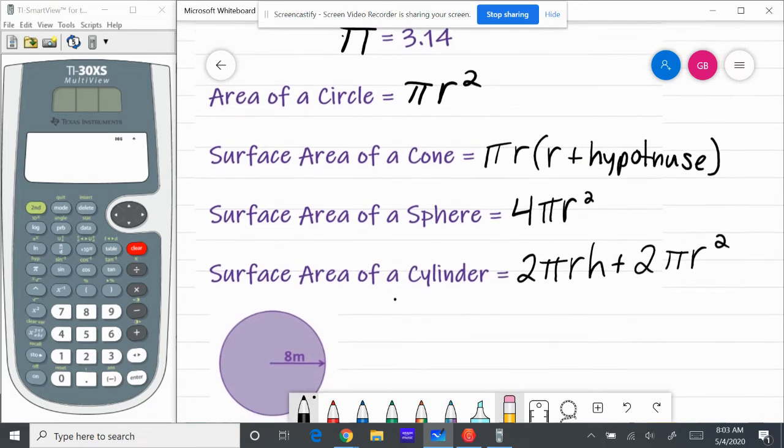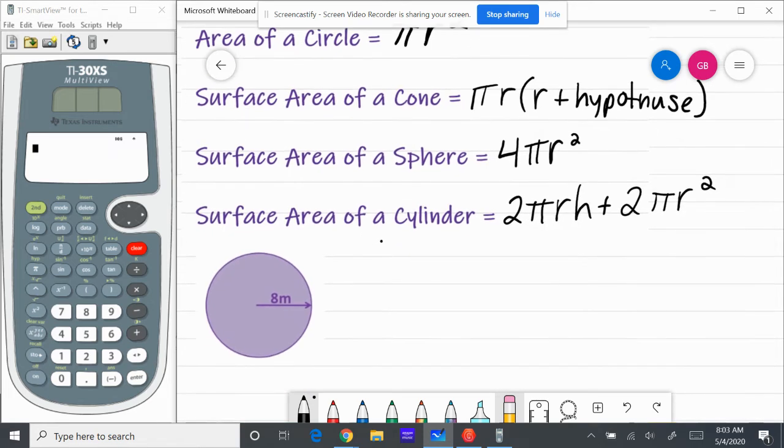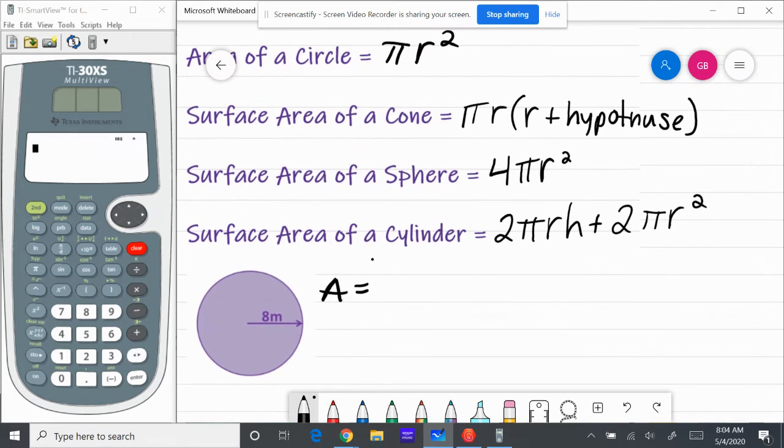Okay, so the first example here, the figure we have is a circle. So to find the area of a circle, according to the formula on top, is pi r squared. So for pi, we're going to use the number 3.14.